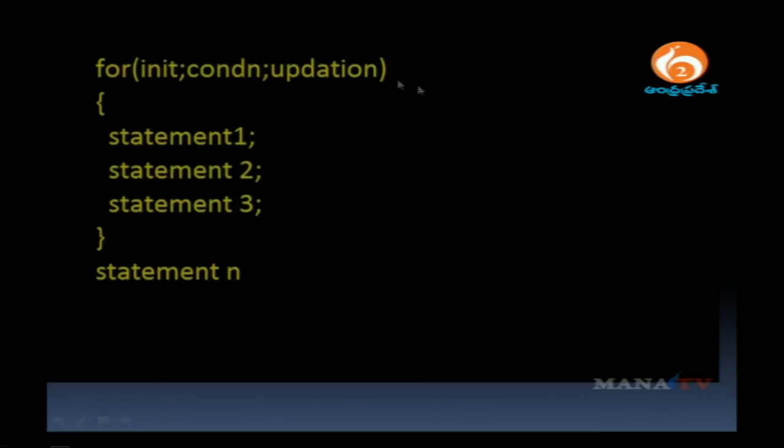This is the syntax of the for loop: initialization, condition and updation. Statement 1, statement 2, statement 3 are the body of the for loop. This is the beginning of the for loop. This is the end of the for loop.